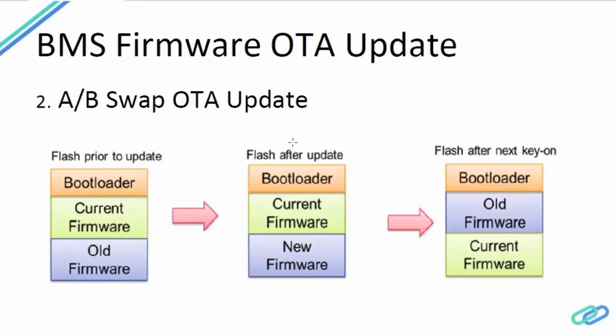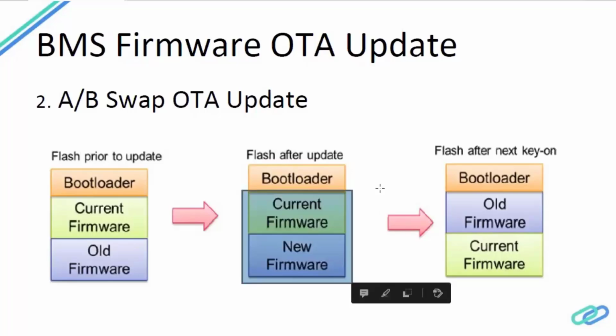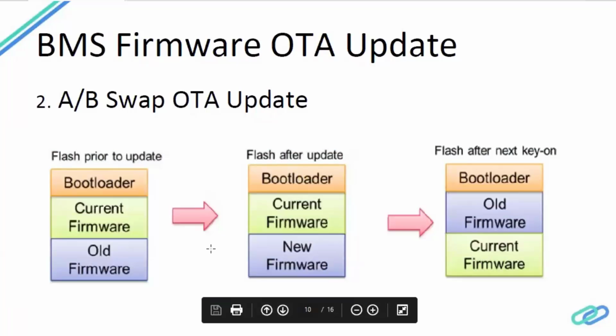You write that firmware onto the other part of the flash memory, so it does not overwrite the current firmware. After the update, there will be a current firmware and a new firmware, and the bootloader will redirect the microcontroller to the new firmware.